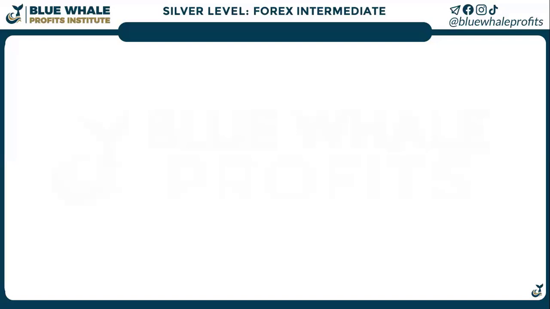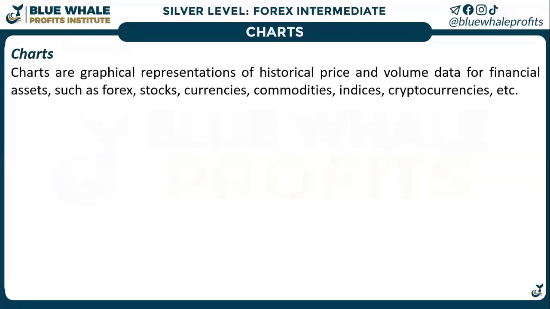So when I put a single candlestick there for you to identify, you might not even know whether it's a bullish candlestick or a bearish. But when they are in series, in a chain, then you can determine. All right. So say charts are graphical representation of historical price and volume data for financial assets, such as Forex, stock, currencies, and then commodities, indices, cryptocurrencies, a lot of them, they all have charts, all right?